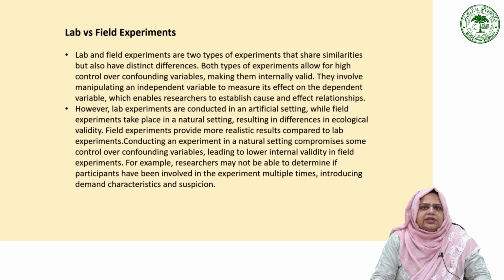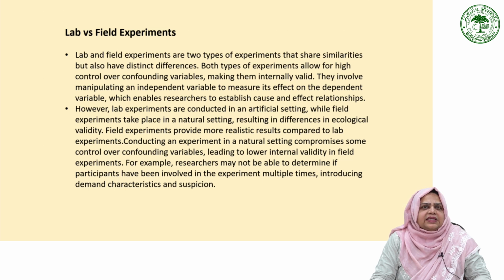However, there are also disadvantages to consider. For example, lab experiments take place in an artificial environment, resulting in low ecological validity. On the other hand, field experiments are conducted in a natural setting, making them high in ecological validity but compromising some control.